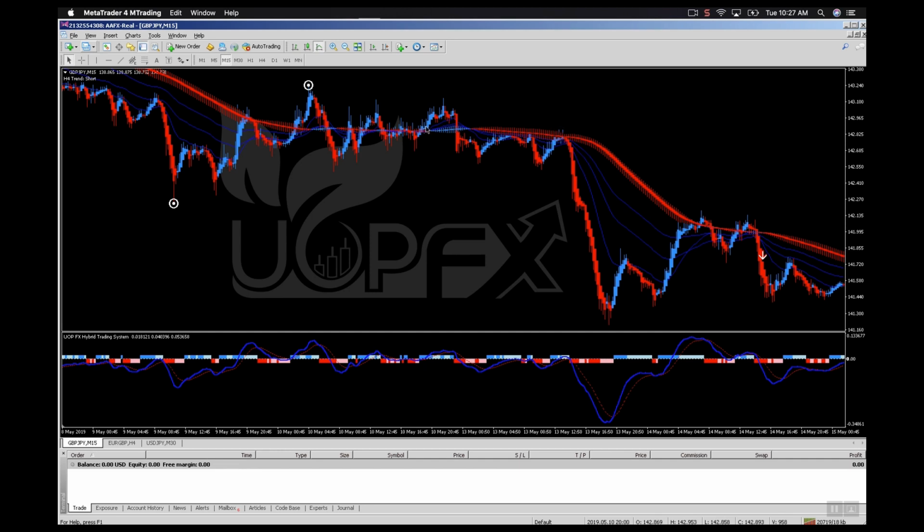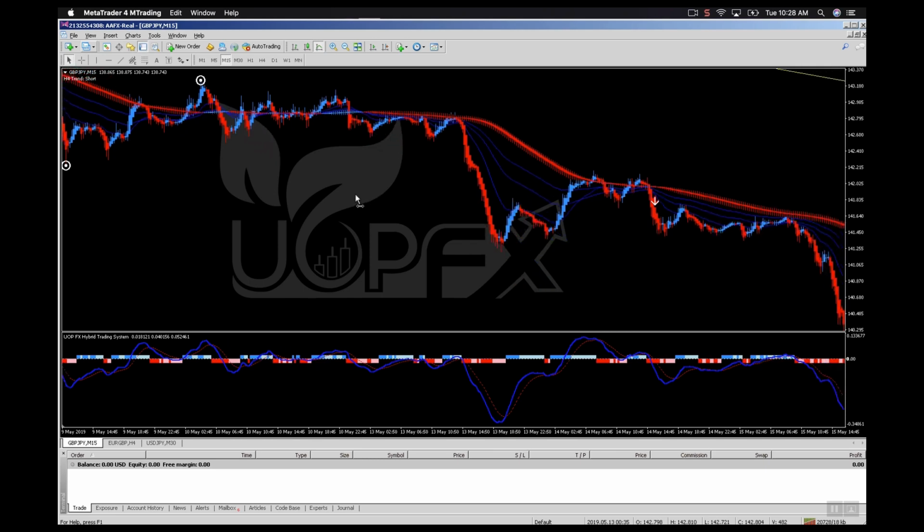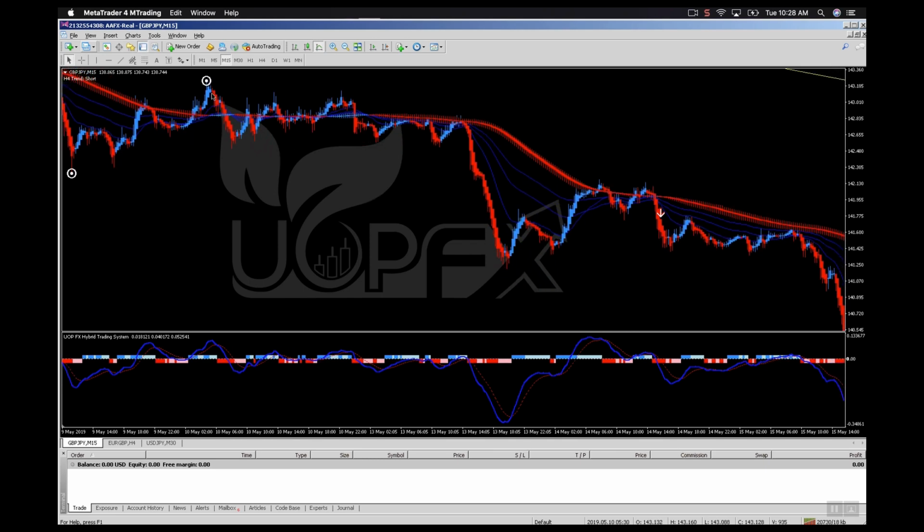So what you could have done in this case, because down here the blue and red line is hanging right above that zero line, right on it, but you got the Elliott wave dot, which is telling you that a potential wave down is coming.